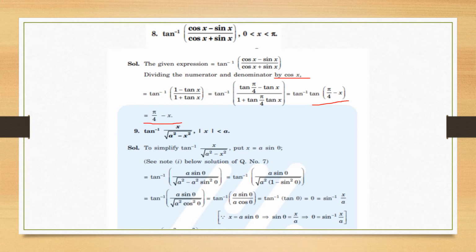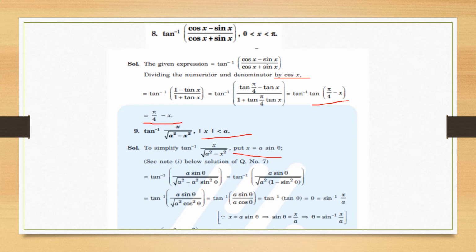Number 9 is tan inverse x upon under root a square minus x square for mod x less than a. Now to simplify this, as we discussed in the previous substitution note, you have to put x as a sine theta, because I have to bring this a also outside. So it becomes a sine theta, and from the denominator I can take a square common, and it is 1 minus sine square theta, which gives me cos square theta.